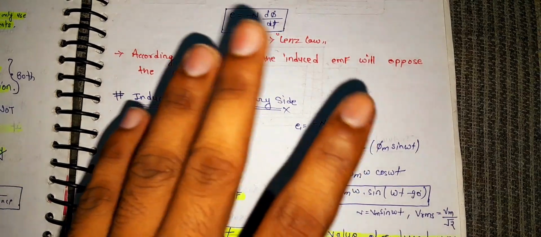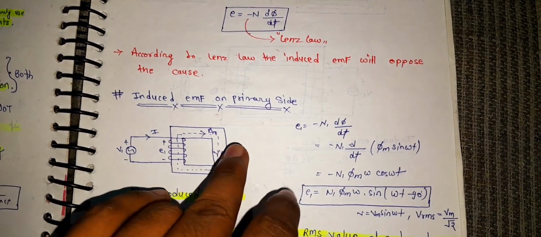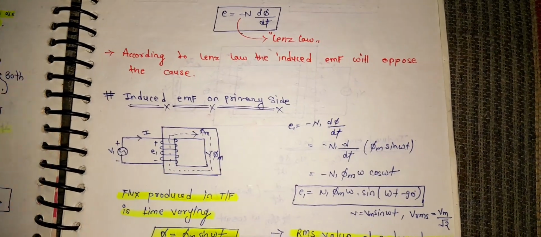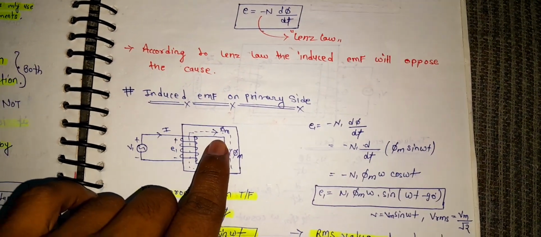If we put an AC supply on the secondary side, the flux generated is bidirectional.